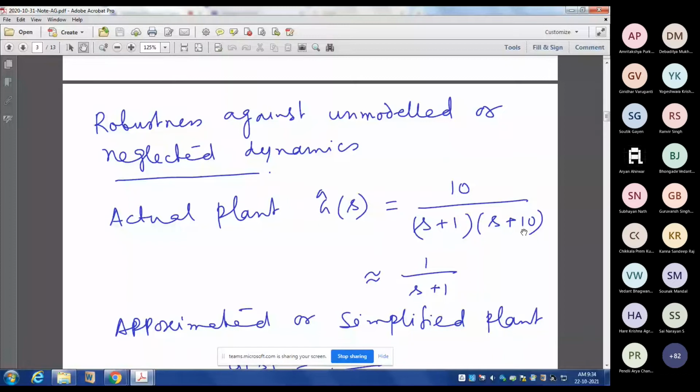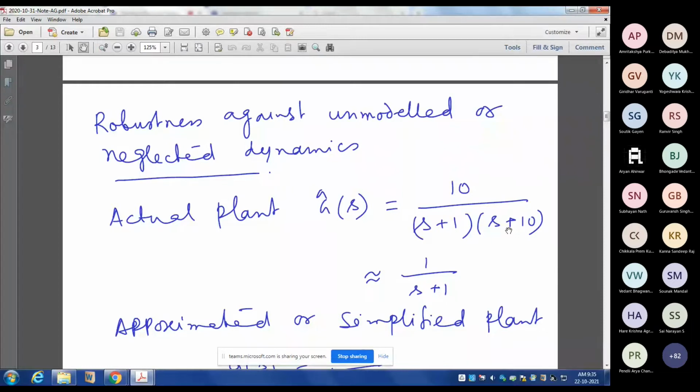That may be your actual sensor dynamics. The sensor is much faster than the plant. So it may be sensor dynamics deliberately neglected, or 10 by S plus 10 may be the dynamics of some part which we could not model. That amounts to unmodeled dynamics.